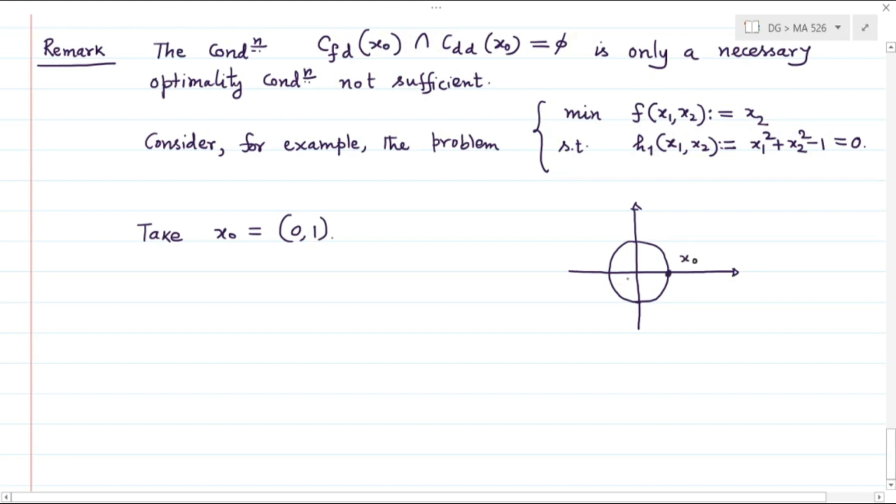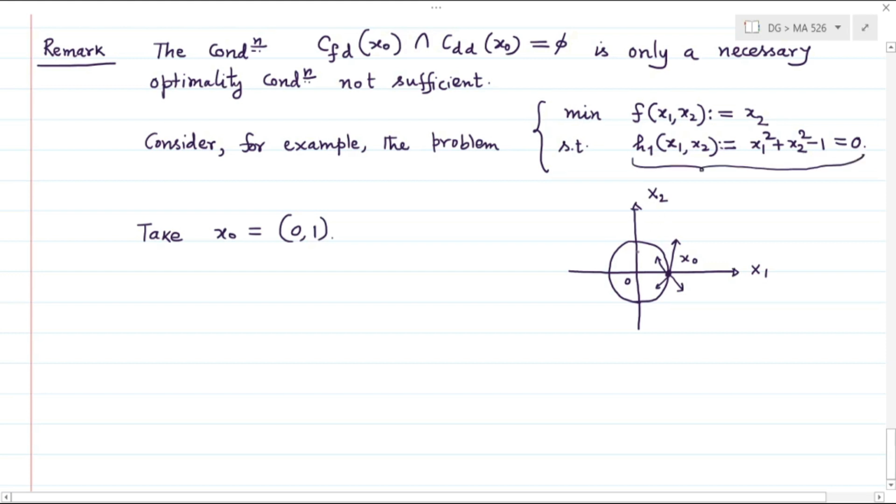At this point you don't have any feasible direction, because whatsoever direction you take out is not leading us to satisfy the constraint, because here the feasible region is only the equality region.